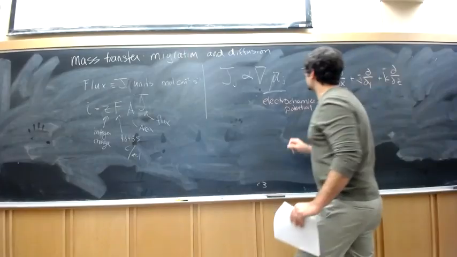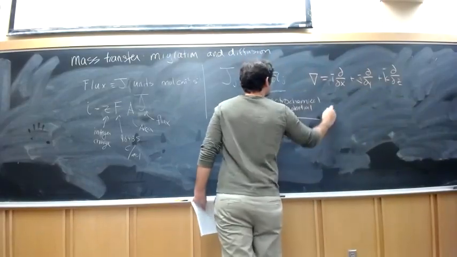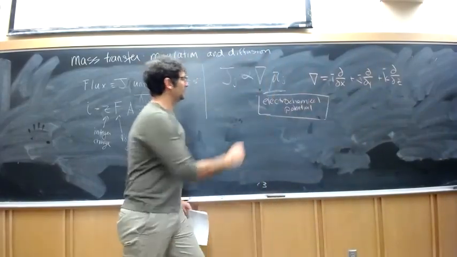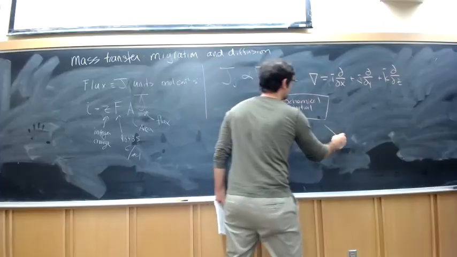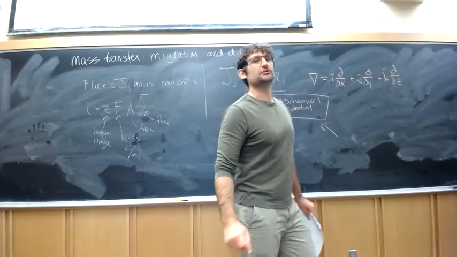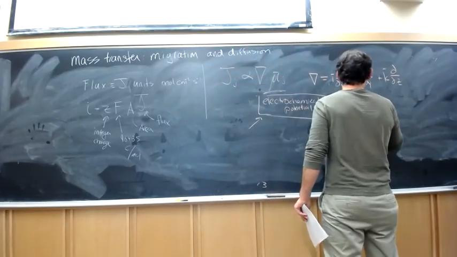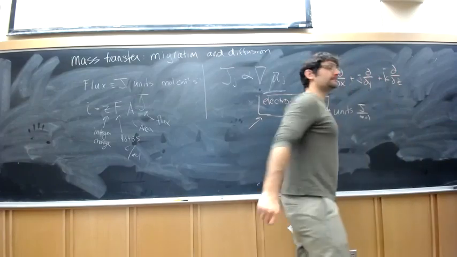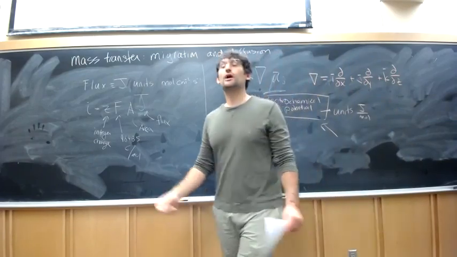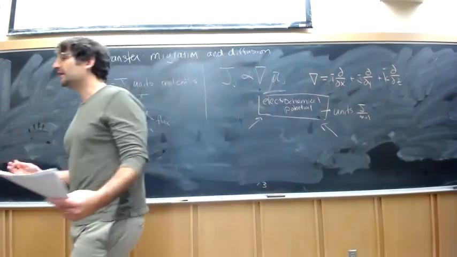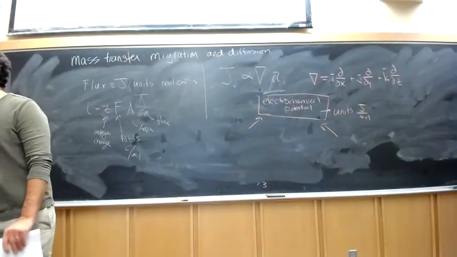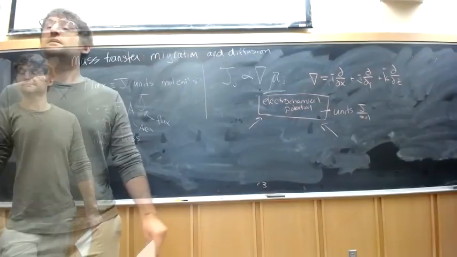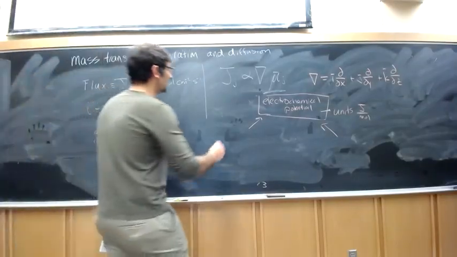But let's go back to the electrochemical potential. What goes into the electrochemical potential? What are the 2 things that are important? What's the units of electrochemical potential, first of all? Joules per mole. So it's an energy, right? So what are the 2 types of energy that go into the electrochemical potential? Okay, chemical potential is what form of energy?